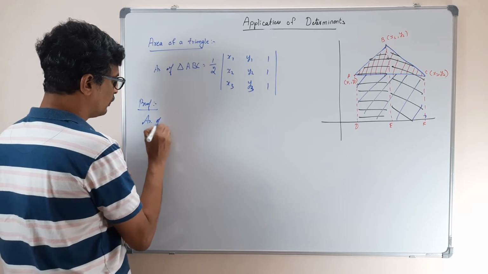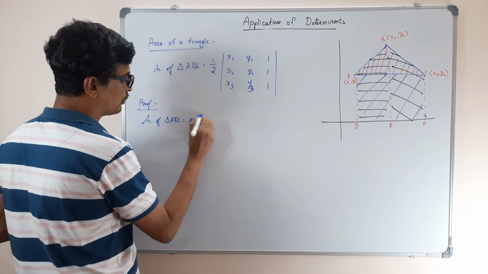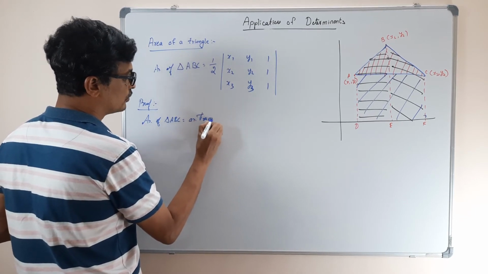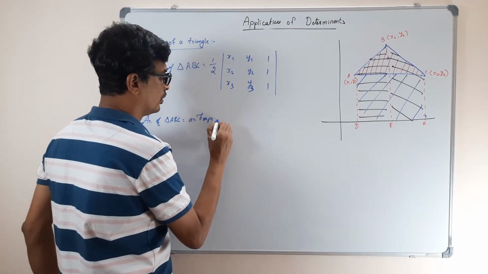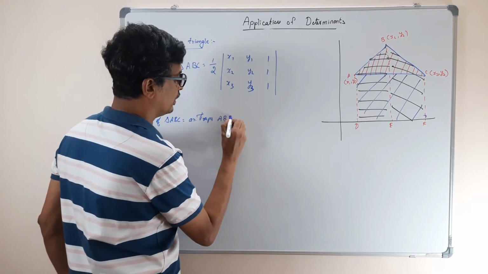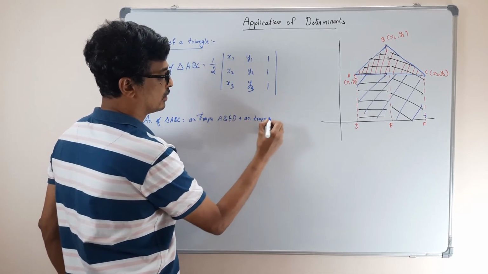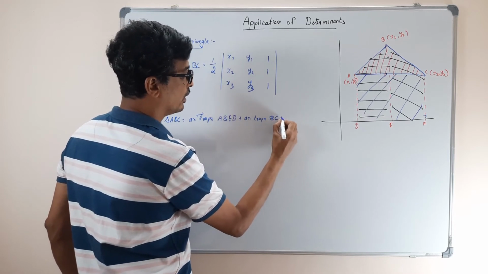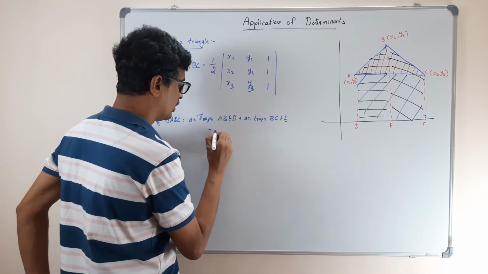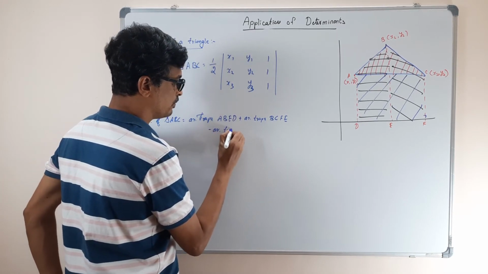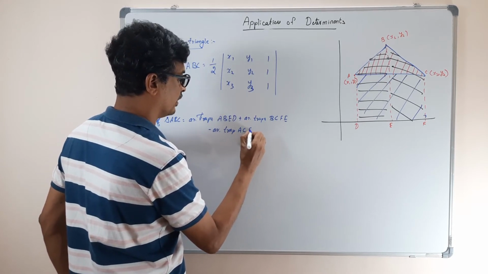Area of triangle ABC is equal to area of trapezium. What is the first trapezium? Tell me. ABED plus area of trapezium BCFE, then minus area of trapezium ACFD.